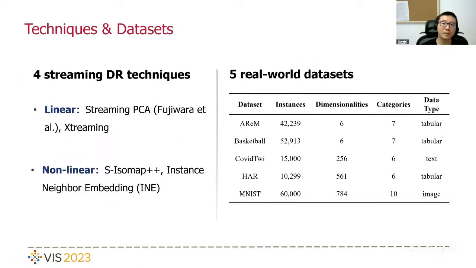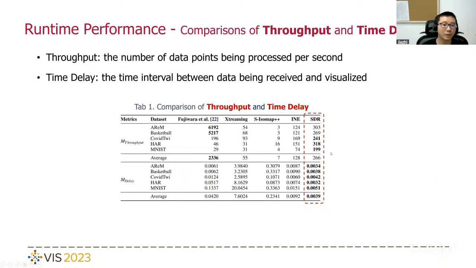Finally, we select 4 SOTA streaming dimensionality reduction techniques. 2 of them are linear methods, and the other 2 are nonlinear methods. And we also choose 5 real-world datasets to conduct experiments. Regarding the runtime performance, our approach demonstrated the most impressive overall results.